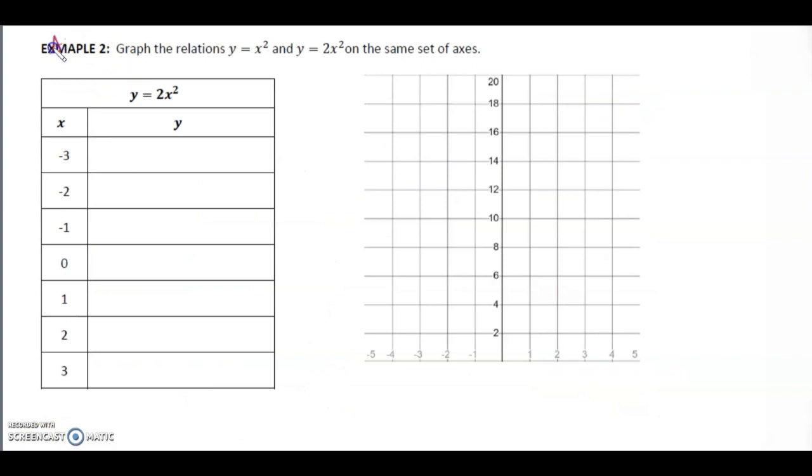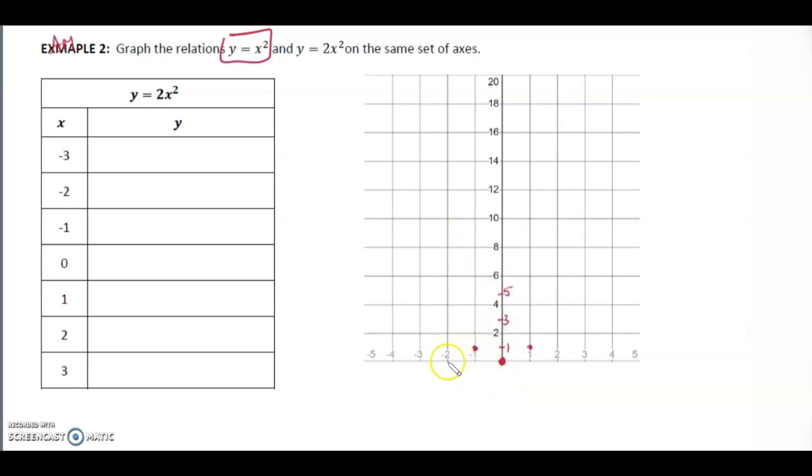Example 2. Graph the relations y equals x squared and y equals 2x squared on the same set of axes. So from the previous example, we're going to go ahead and plot y equals x squared. So 0, 0, 1 and negative 1. And I'm going to do this by using the symmetry. Sorry, this axis, if you look, goes up by 2's each time.